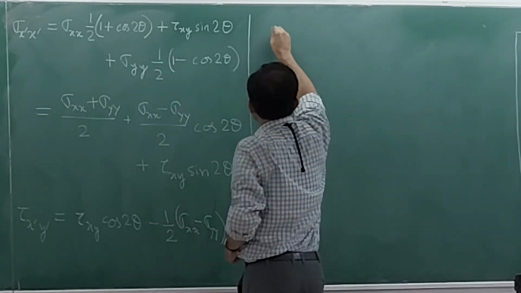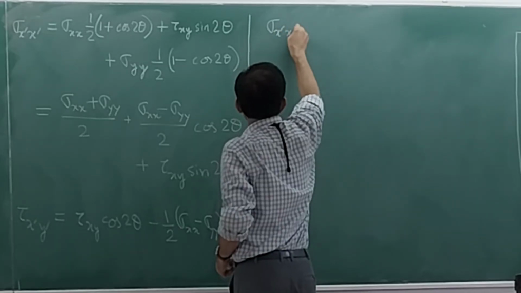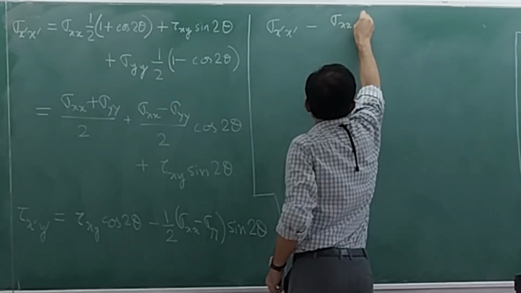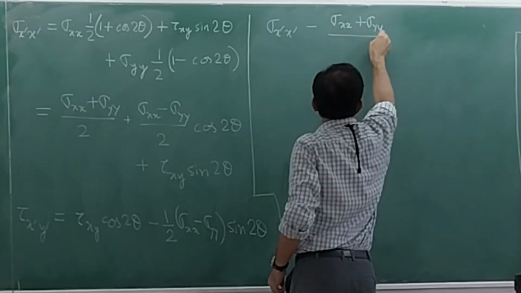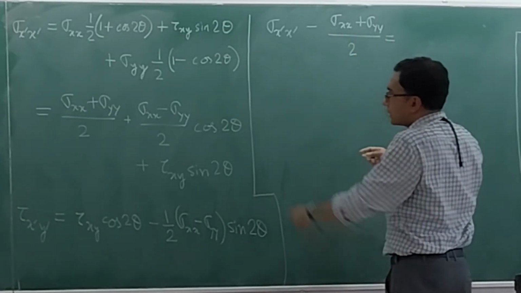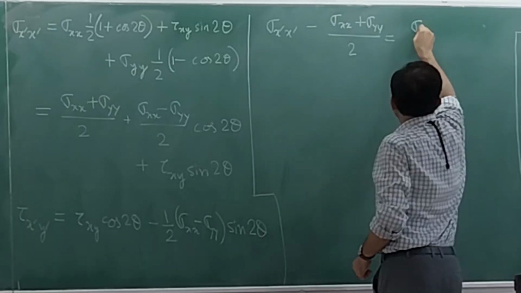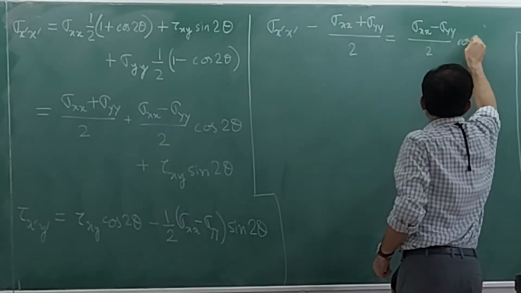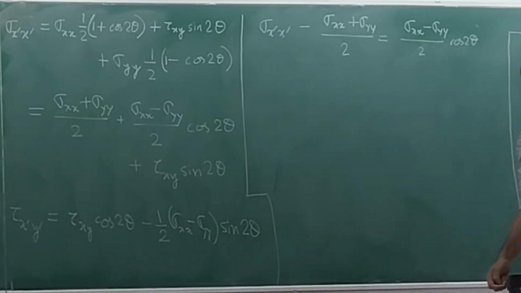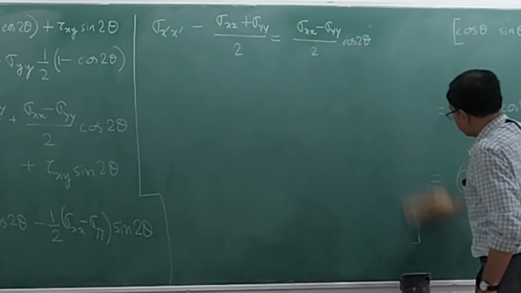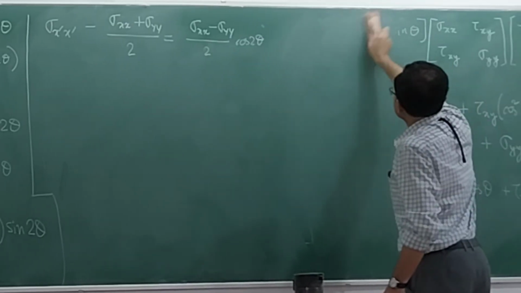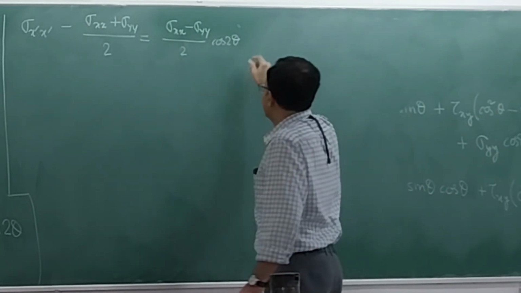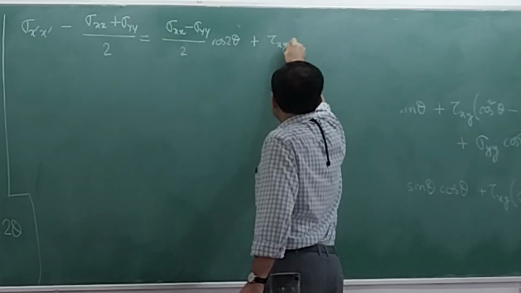So from this one, what we are going to write is sigma x dash minus, I will take this to the left hand side, sigma xx plus sigma yy by 2, is equal to sigma xx minus sigma yy by 2 cos 2 theta plus tau xy sine 2 theta.